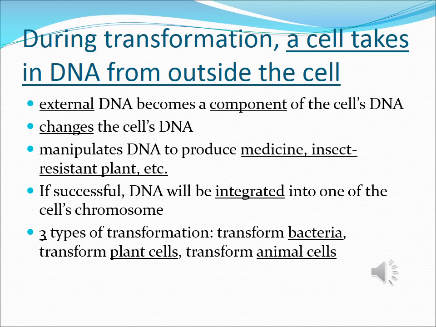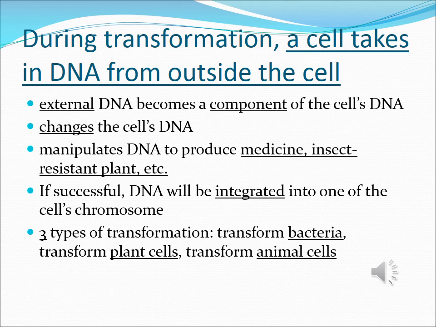And how does this occur? Well, first, external DNA becomes a component of the cell's DNA chain. So the DNA that was taken from, let's say, the cow is put into a tomato and it becomes part of the tomato's DNA. This changes the tomato's DNA, so it changes the cell's DNA.